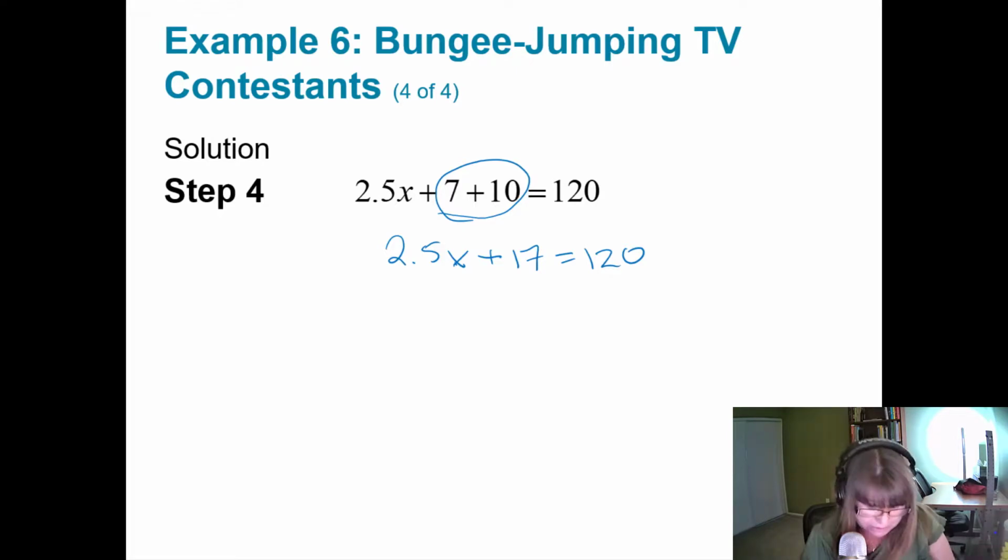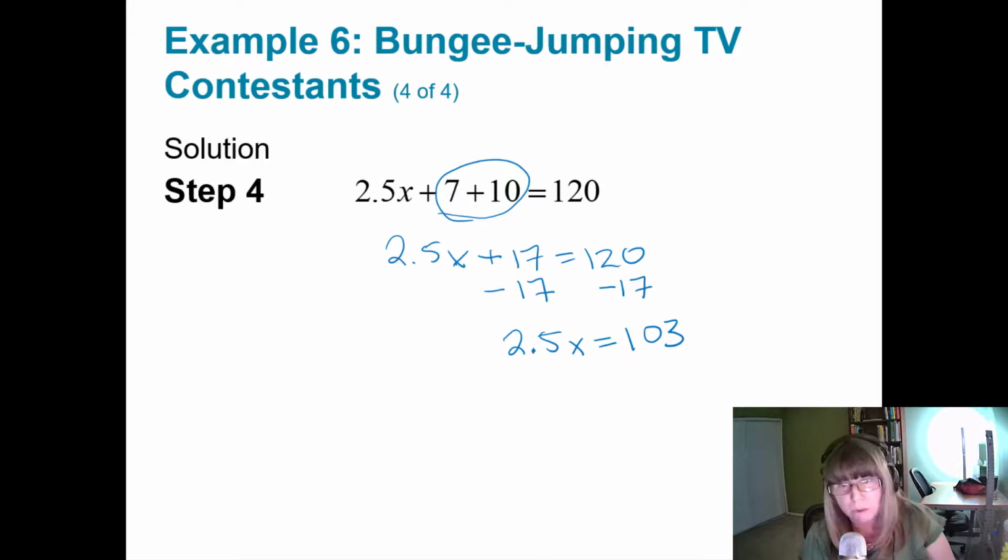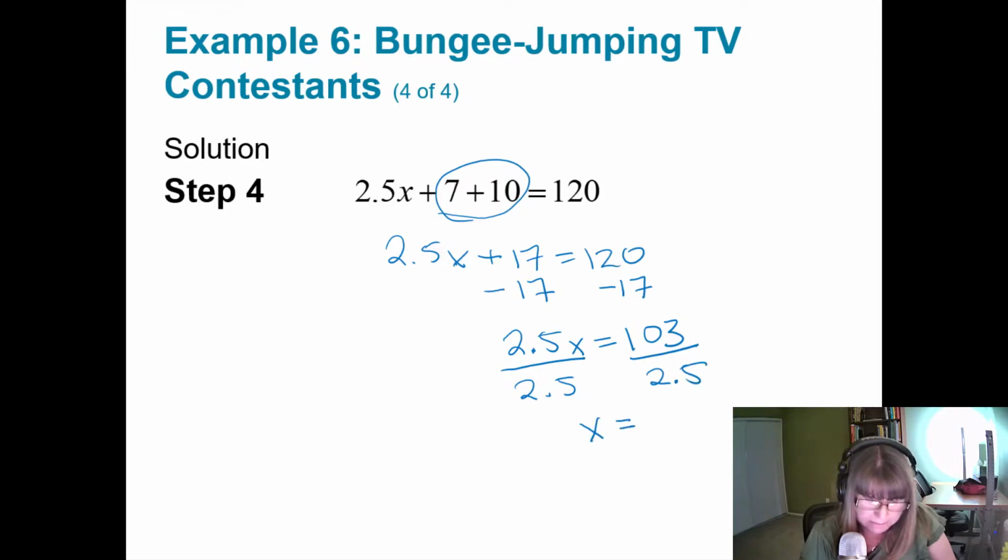So to get rid of a plus 17, I'm going to subtract 17 from both sides. I get 2.5x equals 103, right? 120 minus 17 is 103. I'm going to divide each side by 2.5. You can break out a calculator if you want.